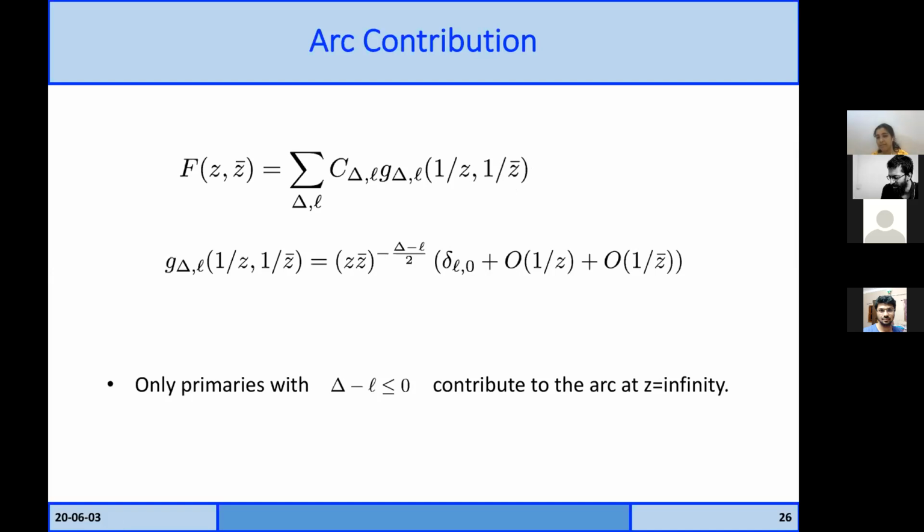I see. I think maybe this representation is a bit confusing. I should not have written it like this. You can just think of expanding it in powers of Z, and 1 over Z and 1 over Z bar. I'm sorry for this confusion. No, the notation is cool.